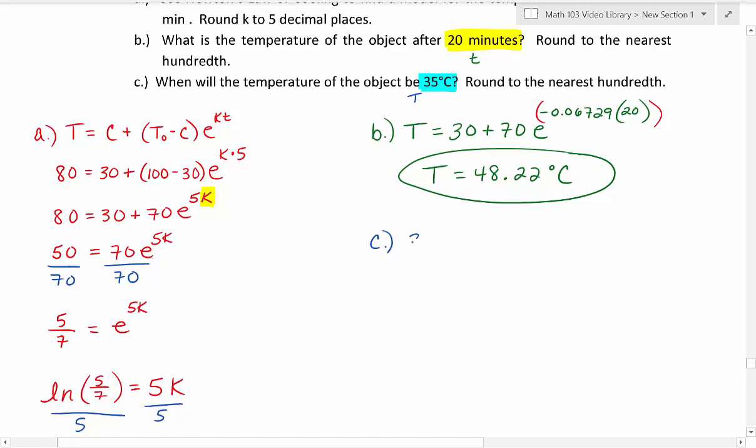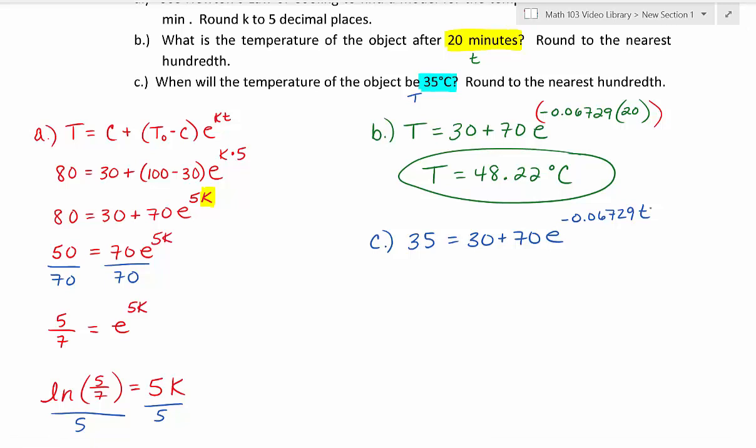That gives us the equation 35 equals 30 plus 70 times e to negative 0.06729 t. We're solving for little t, which is located in the exponent, so we are solving an exponential equation.